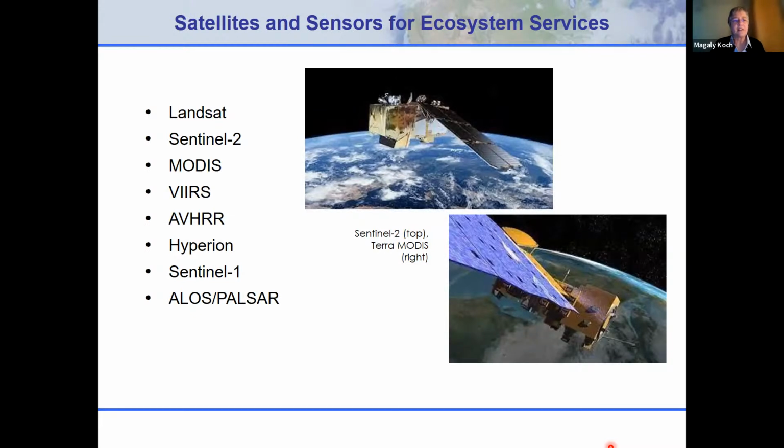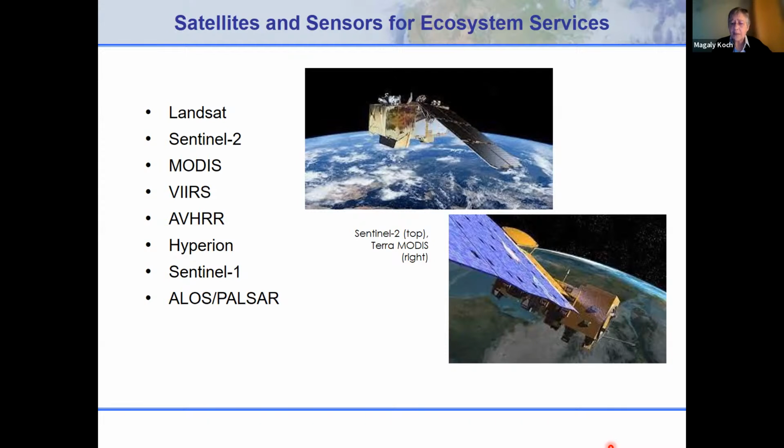I'm here listing the most popular ones, also because they have been around for quite a long time, or some of them. I mean, Landsat, for example, and MODIS have been around for, well, MODIS for 20 years and Landsat now, with all the different Landsat missions, I'm going to talk a bit more about it in a minute, has been around for 50 years.